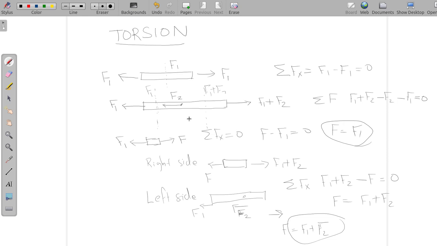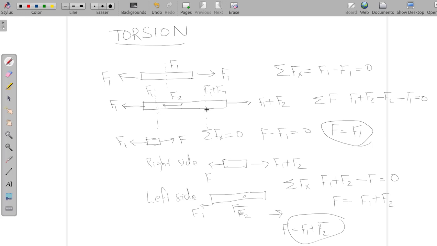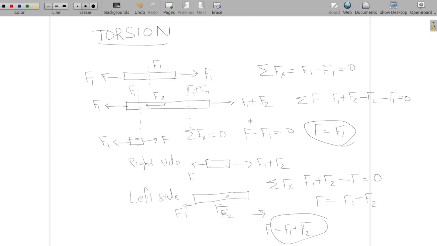The direction of internal force resultant should be either tensile or compressive, and that depends on the magnitude of F1 and F2, etc.